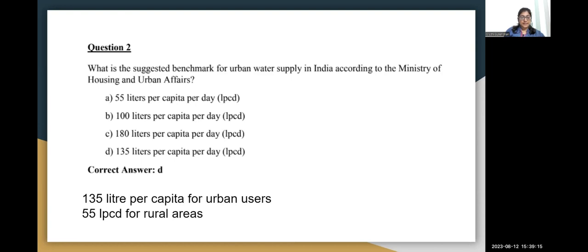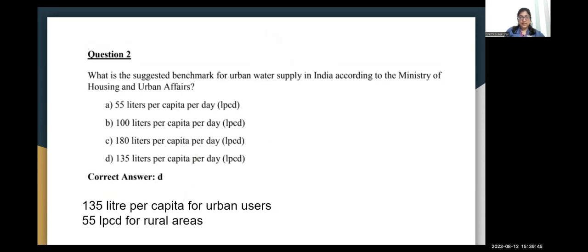The option provided is D. The Ministry of Housing and Urban Affairs designs pipelines, networks and infrastructure considering 135 liters per capita per day, that is for one person, for urban areas, and in rural areas, they are only considering 55 liters per capita per day. So this is the standard according to the Ministry of Housing and Urban Affairs.